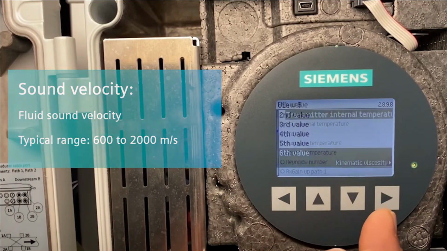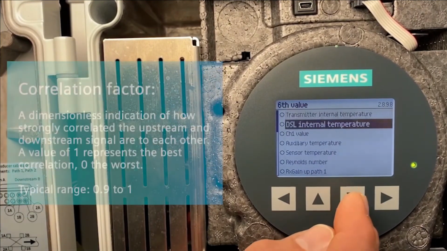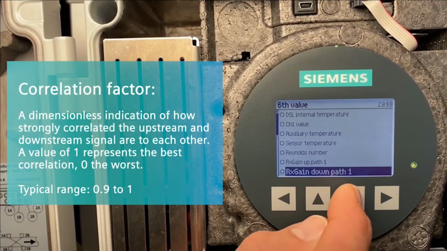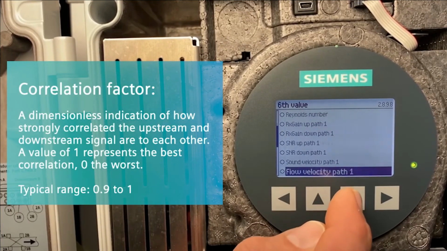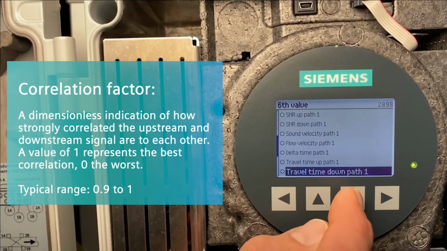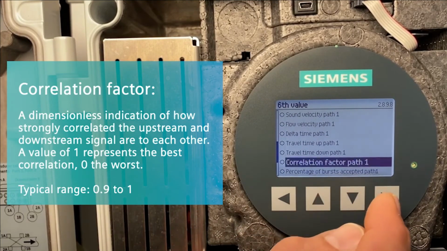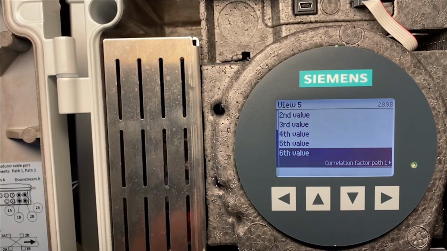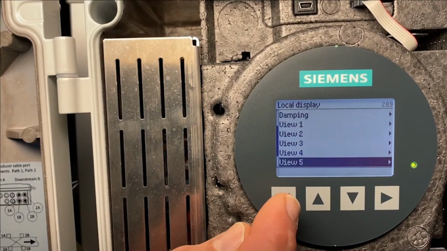Sixth value. I take correlation factor path 1. A value of 1 represents the best correlation, 0 the worst. Now we have adjusted all 6 diagnostic values. Back to the views.